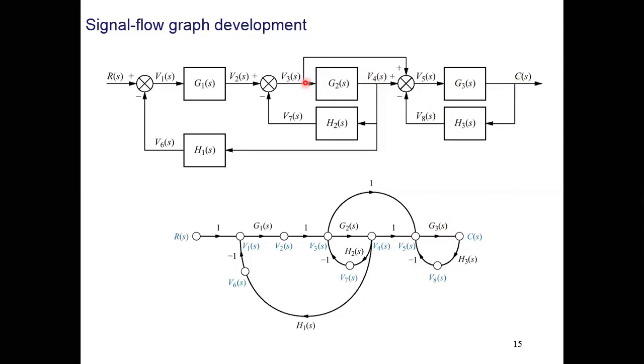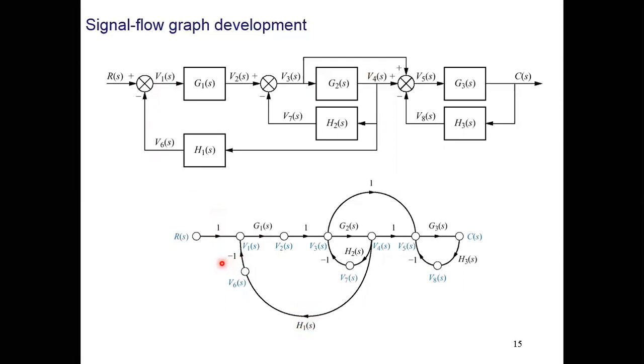Here we have a pick off point, V3 to V5. It has a positive sign, so we will represent V3 to V5 with a +1. V4 to V7 is converted using the H2 of S subsystem, and again negative feedback, and the last step is V4 to V6 using H1, and V6 to V1 using -1.